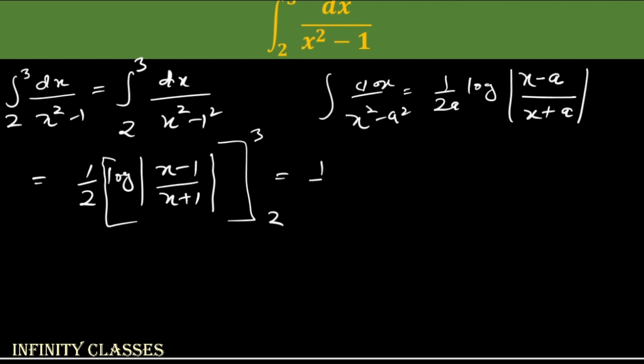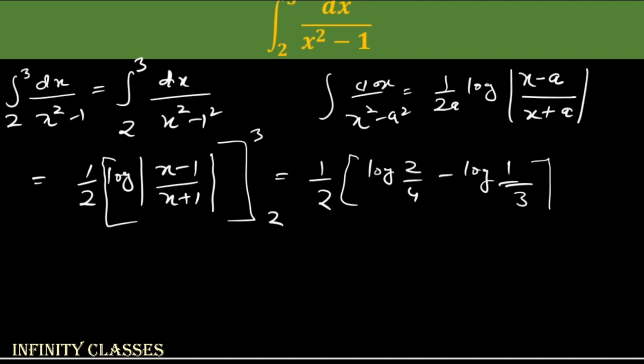So it is 1 upon 2, upper limit log 3 minus 1 is 2 and 3 plus 1 is 4, minus log 2 minus 1 is 1 and 2 plus 1 is 3. So this will be 1 upon 2 log, again we will apply this, this will be cancelled, 1 upon 2.